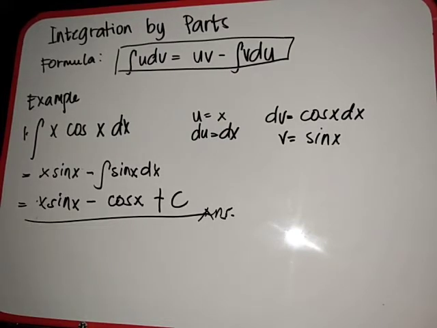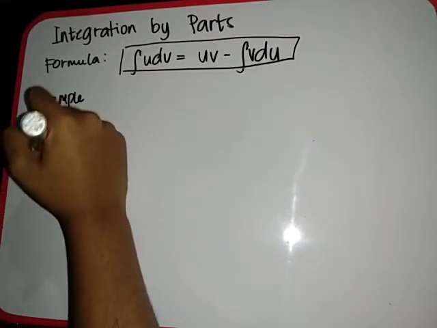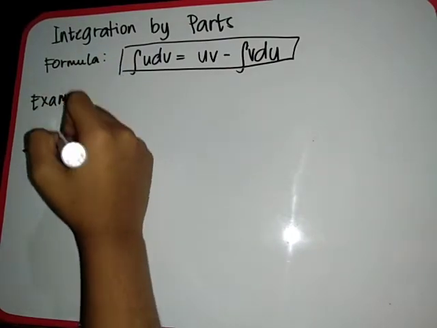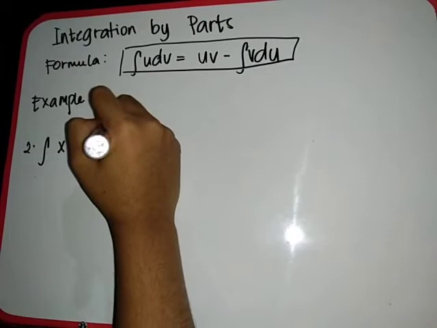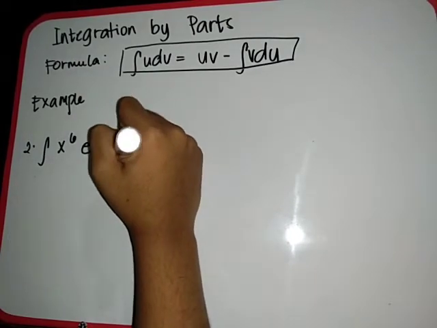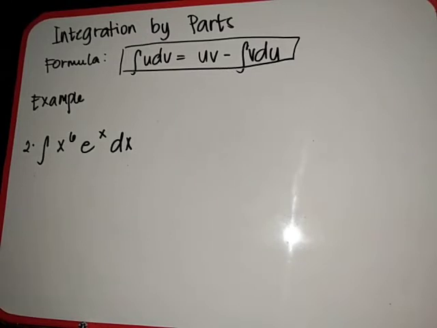So let's go to example number 2. We have the integral of x raised to 6 e raised to x dx. So in this case, we are going to use the DI method, or the differential integral method.